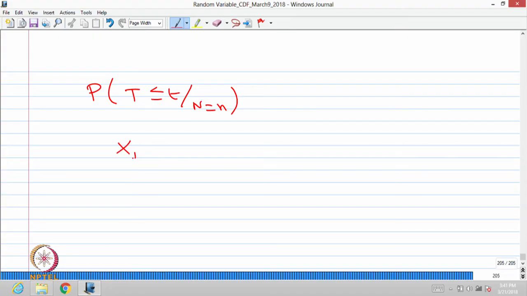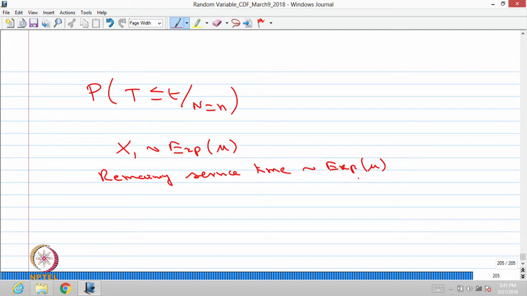So, again I am going to use the logic of exponential distribution. Since the first customer under service has a service time that is exponentially distributed with the parameter mu, the remaining service time is also going to follow an exponential distribution with the parameter mu by using the memoryless property.